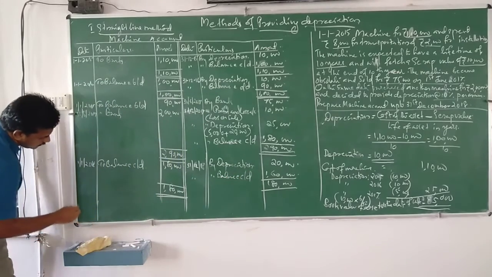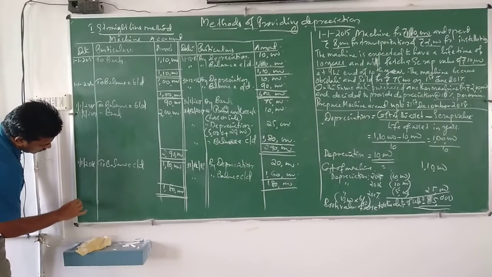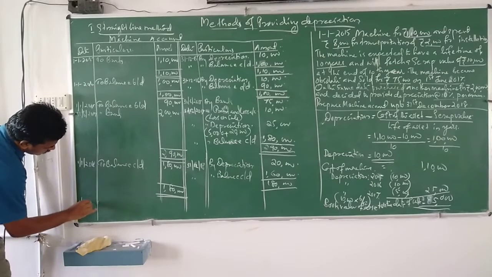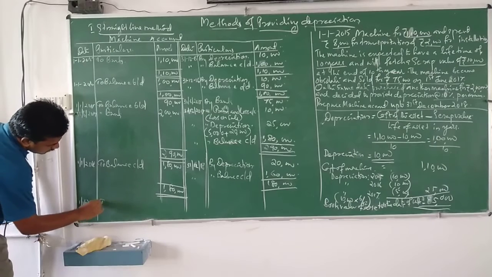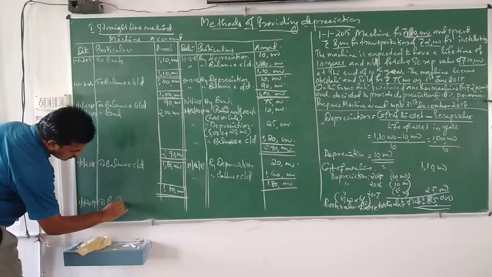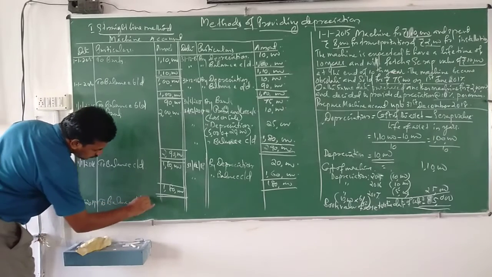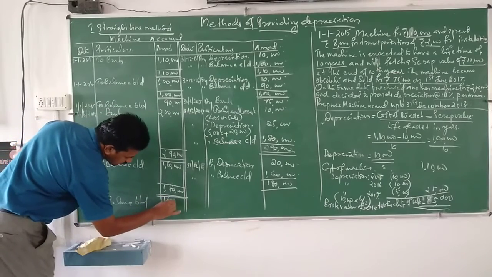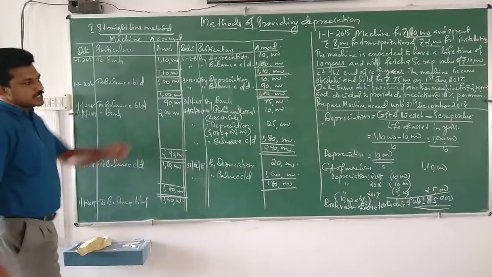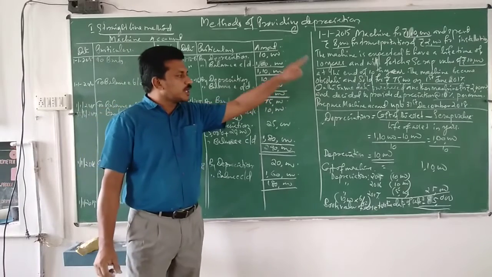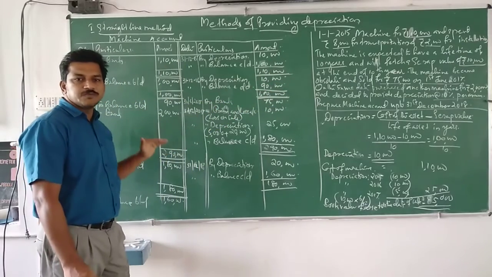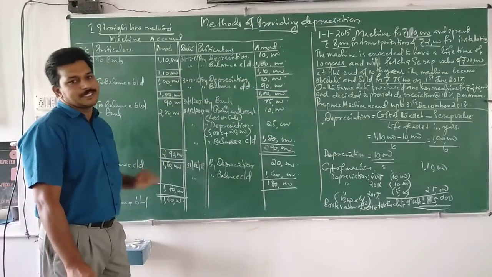Then here, next day, that is 1/1/2019, to balance brought down 1,60,000. So it is asked to prepare machine account up to 31st December 2018.